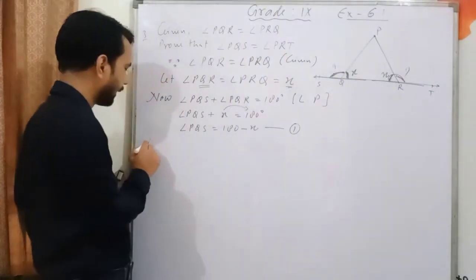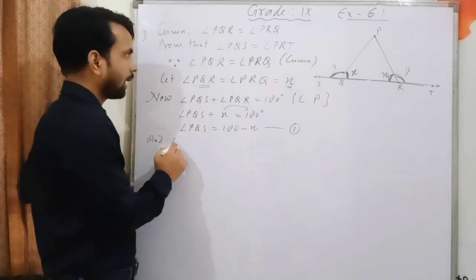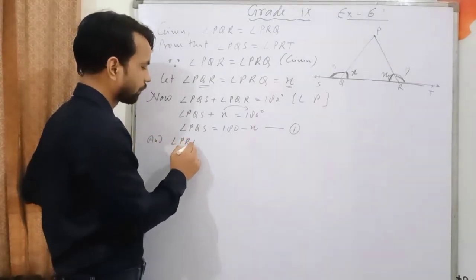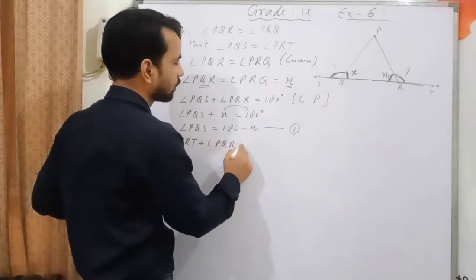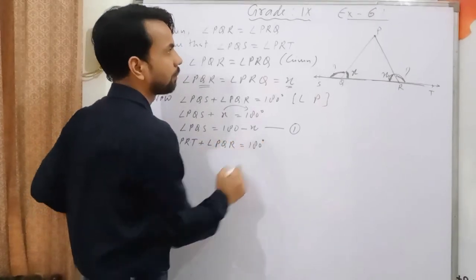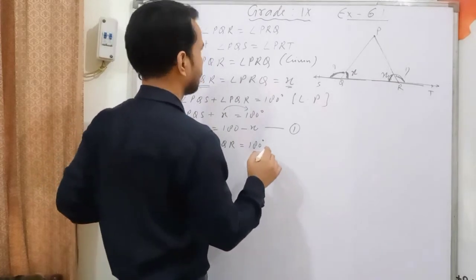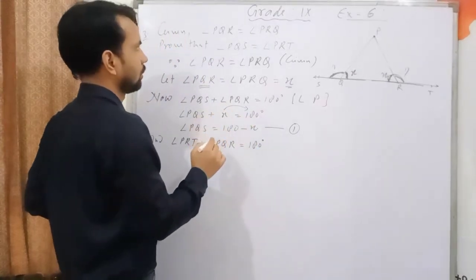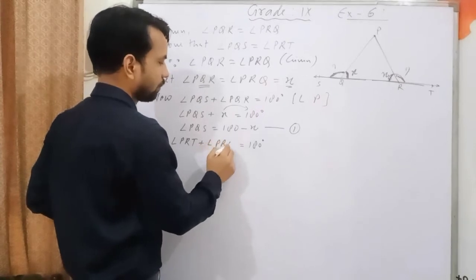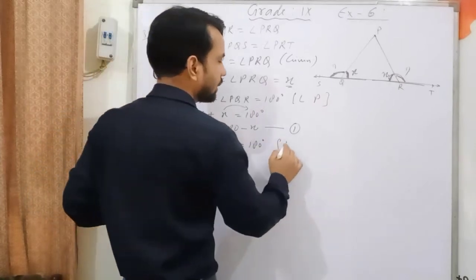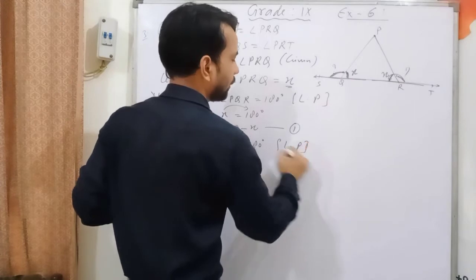So you have to write here angle PRT plus angle PRQ equals to 180 degree. Reason is linear pair.